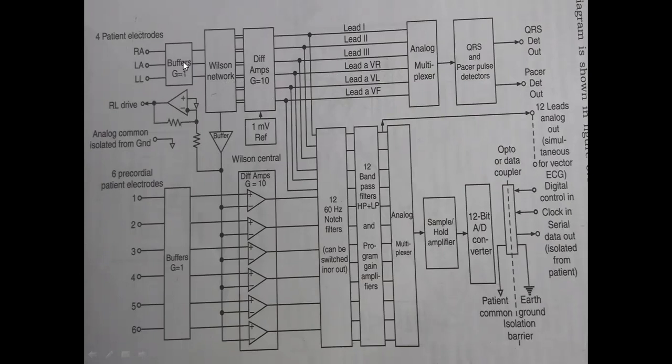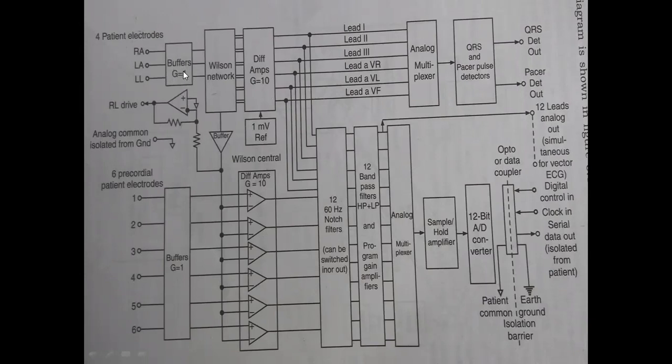Suppose any high voltages are produced, this mechanism makes isolation from the other blocks. So for every stage we are using a buffer. It is unity gain.